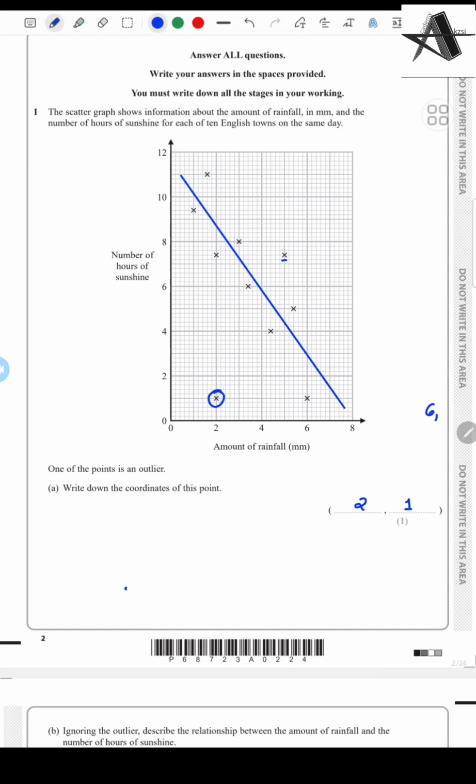I can clearly see that rainfall is increasing, but at the same time the number of hours of sunshine is decreasing, and this is actually a negative correlation. Always, if you see a positive gradient, that is a positive correlation; this one has a negative gradient, that means it's a negative correlation.